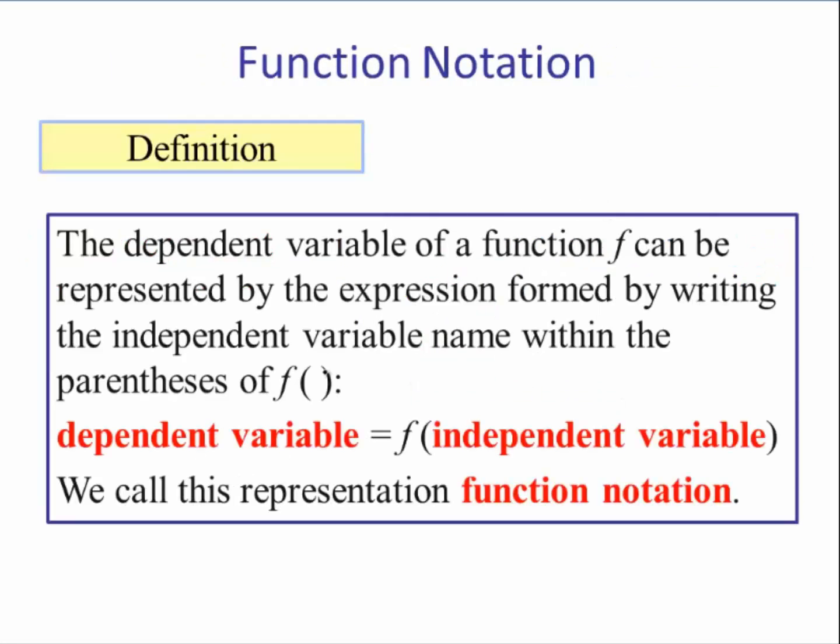Function notation definition: the dependent variable of a function f can be represented by the expression formed by writing the independent variable name within the parentheses of f. Dependent variable equals f of independent variable. So whatever goes inside the parentheses is your independent variable or your input. We call this expression function notation.